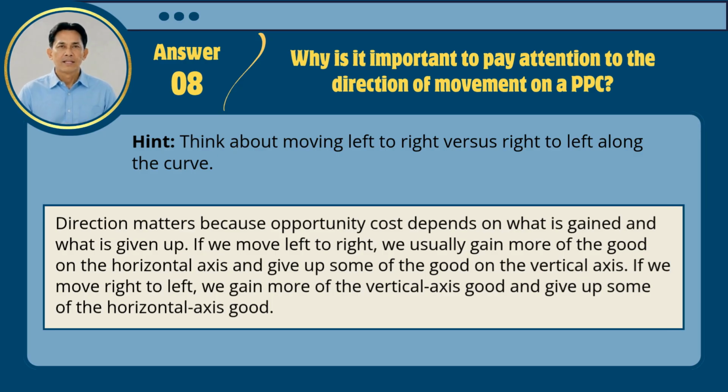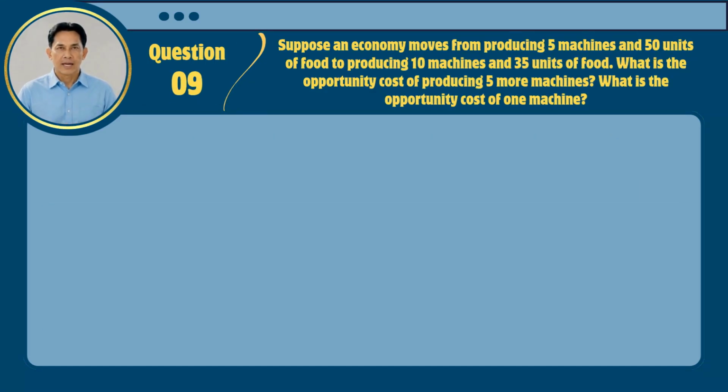Direction matters because opportunity cost depends on what is gained and what is given up. If we move left to right, we usually gain more of the good on the horizontal axis and give up some of the good on the vertical axis. If we move right to left, we gain more of the vertical axis good and give up some of the horizontal axis good.